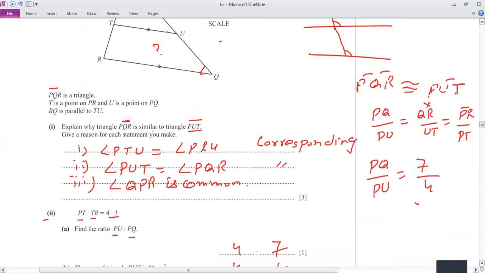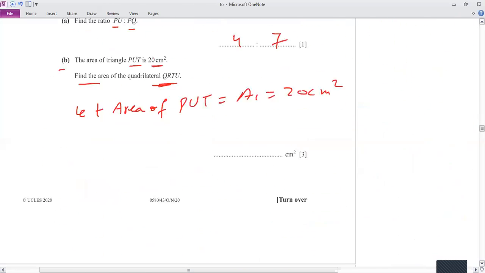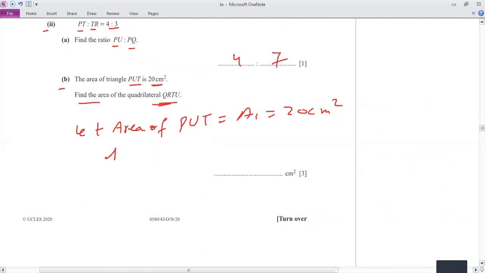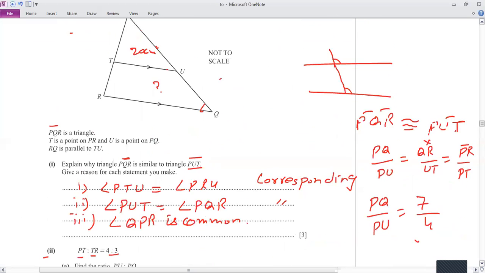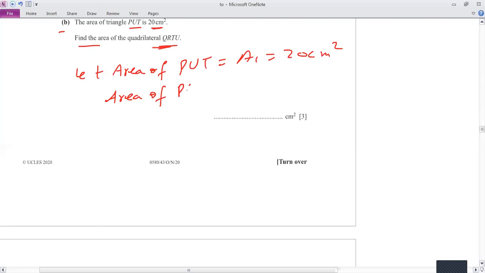I will find the area of the big triangle PQR. Let the area of PQR be A2, and that we have to find.